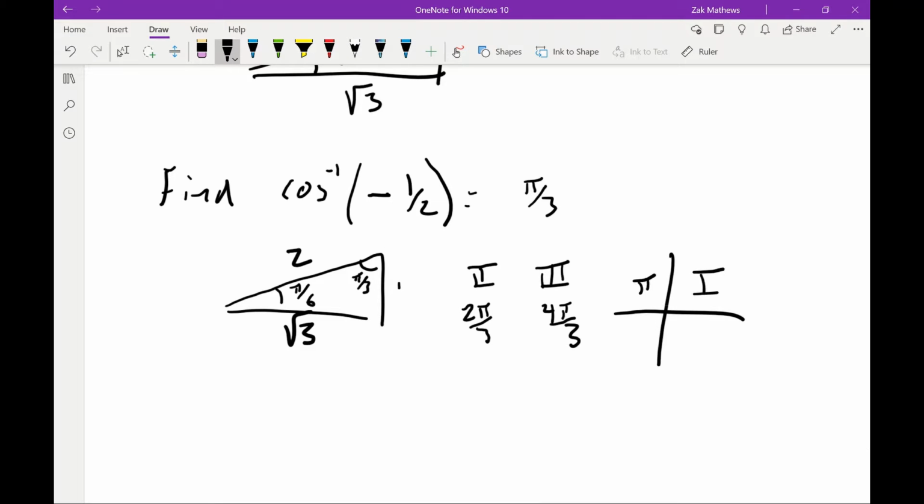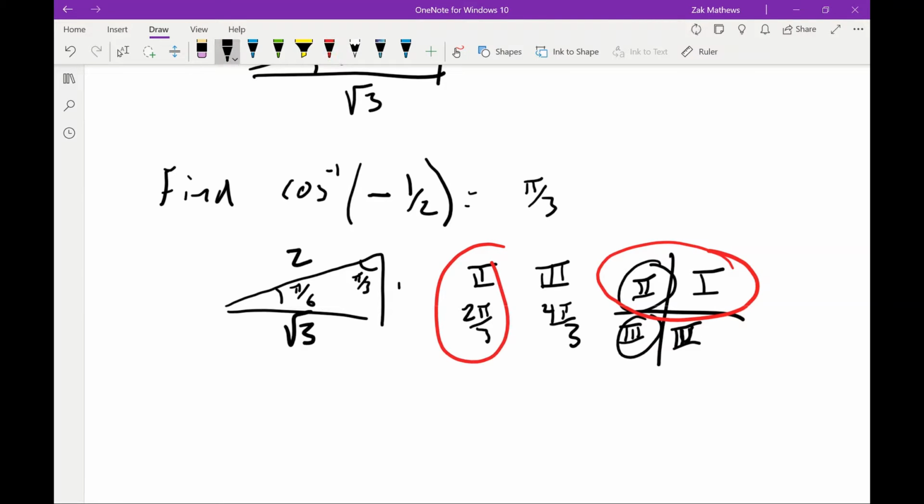It is negative in the second and the third quadrant, but what we just said is it can only exist in these upper two quadrants. That's the only place that inverse cosine is allowed to exist. So that means we have to be using the second. We need to be using 2 pi over 3, and that is our answer.